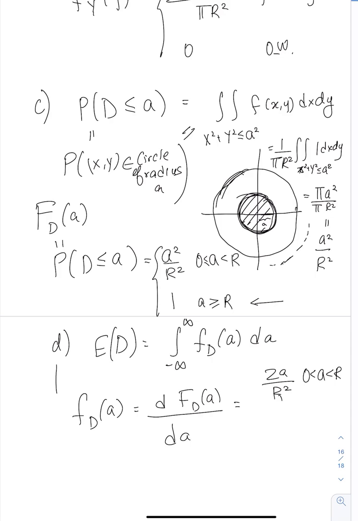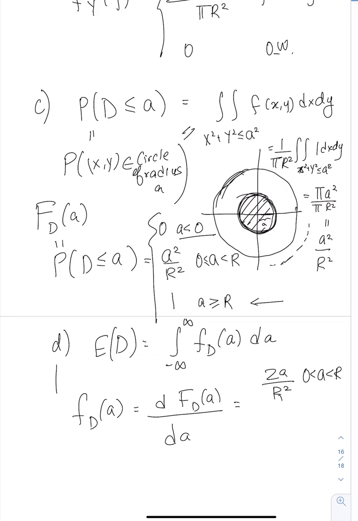Actually, I should include that too. I forgot to include that. So on the previous page, the CDF, the probability D less than or equal to a, is going to be 0 if a is less than 0. I forgot to mention that. Don't forget to say that, sorry.